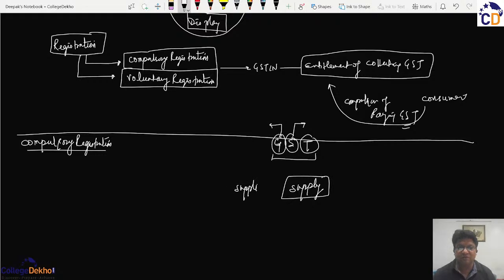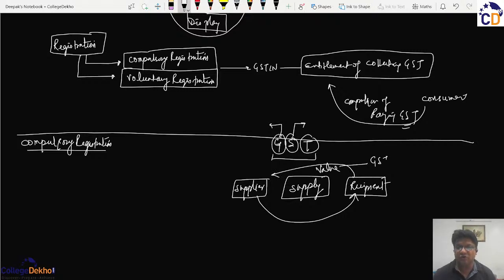That is, one person who is supplying the goods and the other person who is receiving the goods. So the supplier gives supply to the recipient and in return gets the value, and this value is chargeable to the GST rate, and then you have the GST which can either be of the character CGST or SGST or IGST.